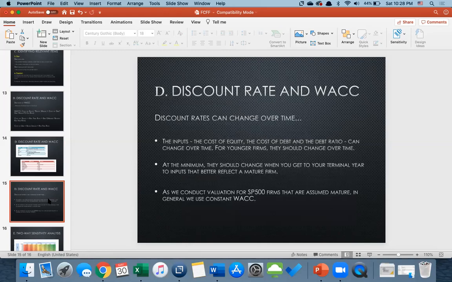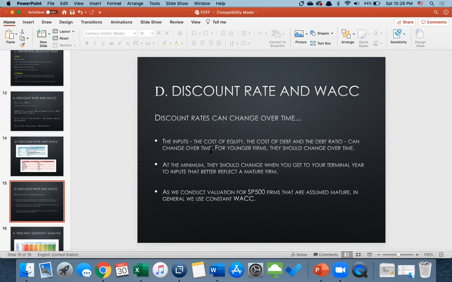One point I want to point out to you is that the discount rate can change over time. We have another point presented by one of our fund members, Hazel, about the discount rate changing over time. But I want to make a brief summary here.